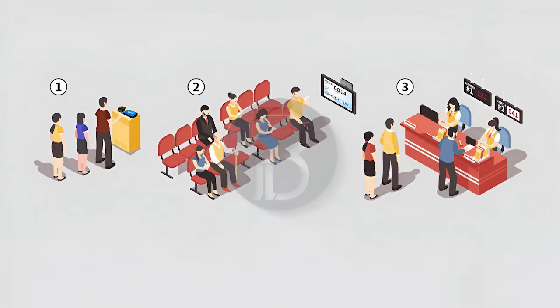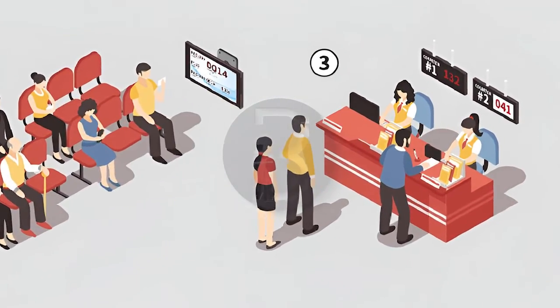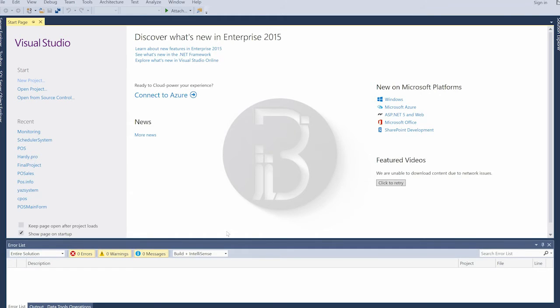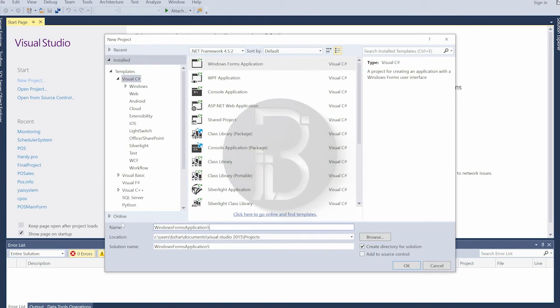The third component, which serves as the software governing the entire system, holds utmost significance. Let's begin its construction by initiating the creation of a new Windows Form application using Visual Studio.